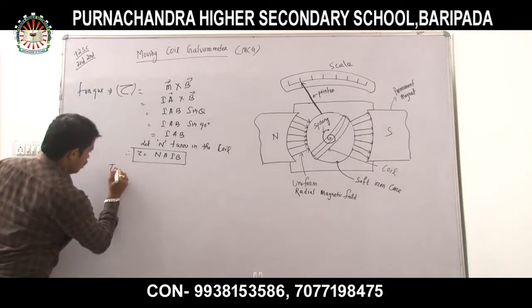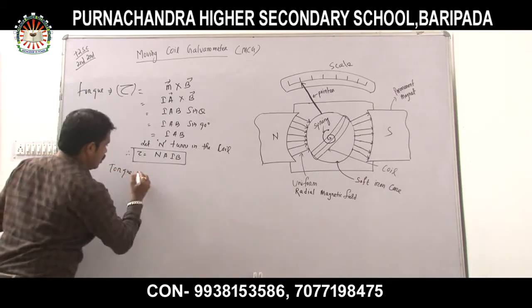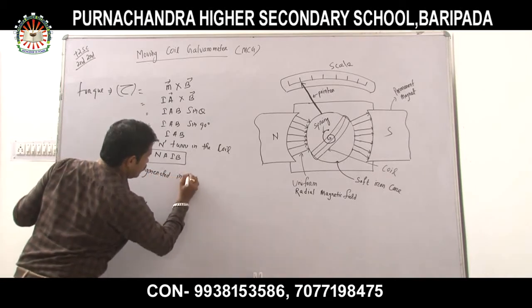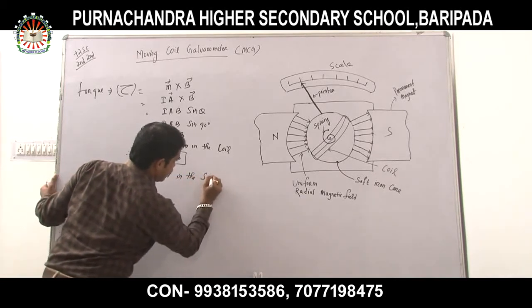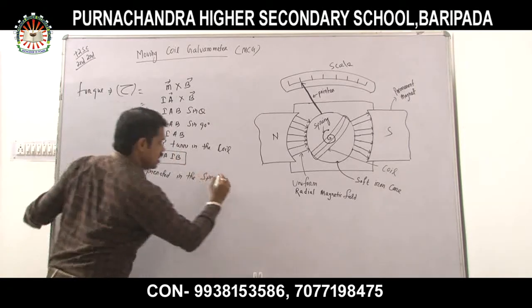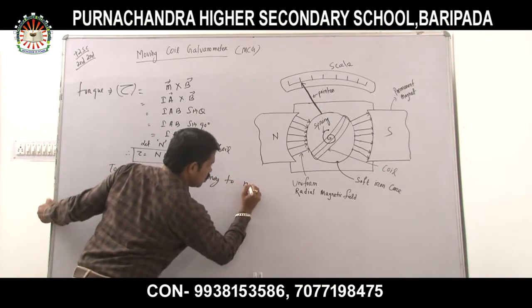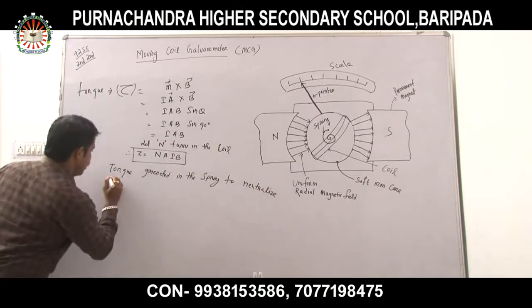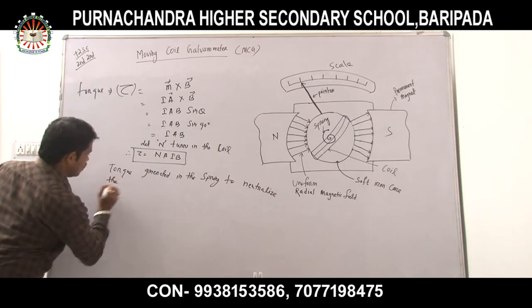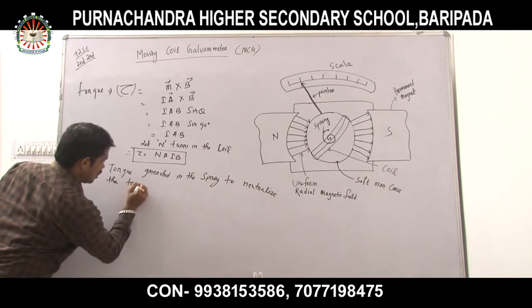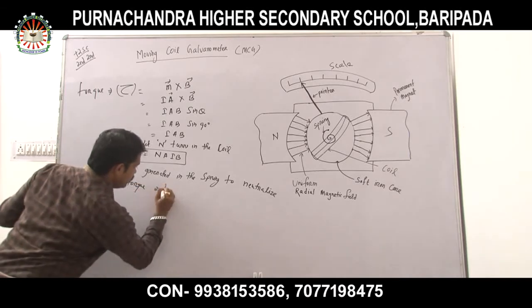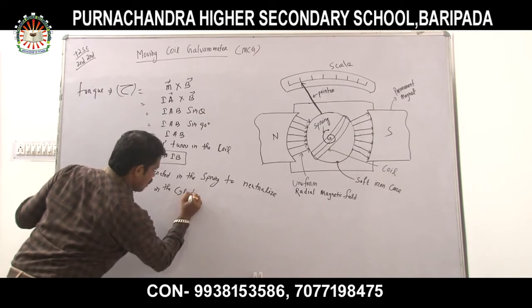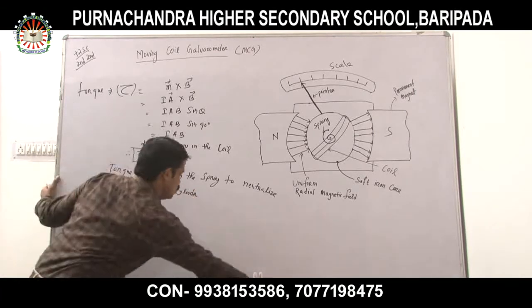So the torque generated in the spring is to neutralize the torque in the cylinder. Understood?